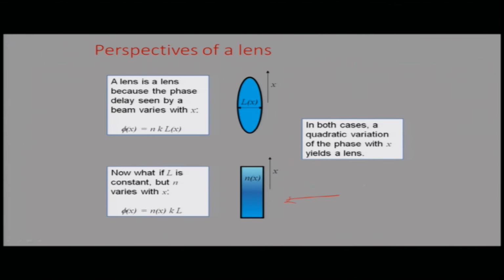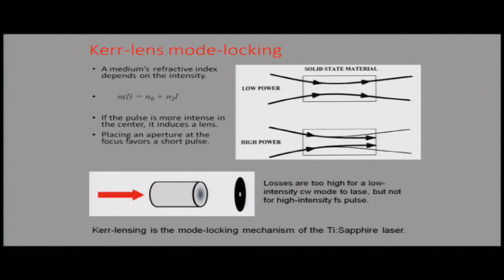And so this second principle has been seen of late to be giving rise to a lot of mode locking, and that is the Kerr lens principle, which is used in solid state lasers of today to produce short pulses.